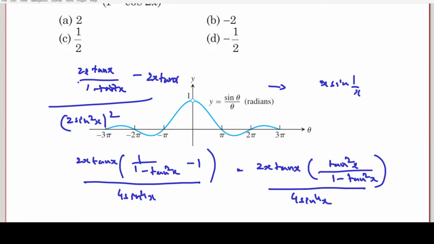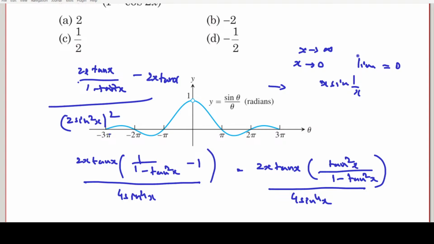Okay, let's try arguing both the logics: x tends to infinity and x tends to 0. When x tends to 0, what are you saying? Okay, the limit is 0.